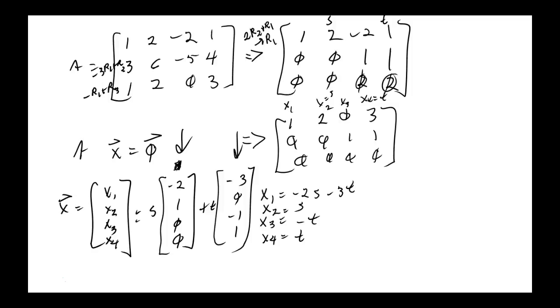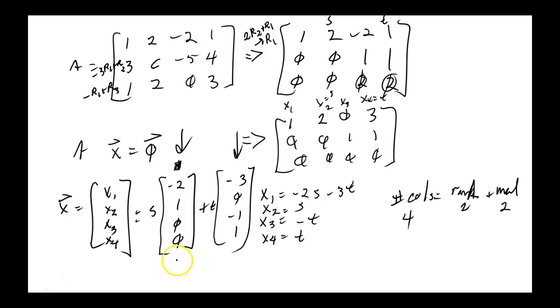So the number of columns is equal to the rank, which is the number of columns with leading non-zero entries. That's 2, the rank of 2, plus the nullity of 2, and the number of columns of 4. So number of columns equals rank plus nullity.